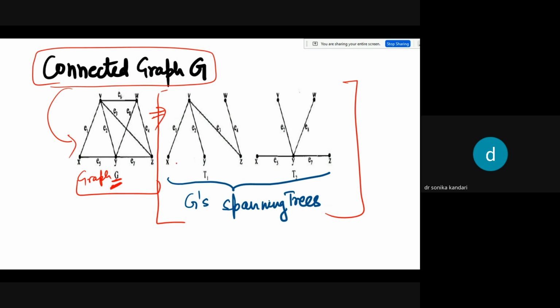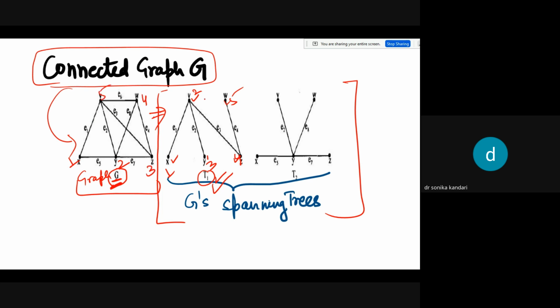See in the diagram, T1: X, Y, Z, W. How many vertices are there? 1, 2, 3, 4, 5. Now let us see how many vertices are there in graph G. 1, 2, 3, 4, 5.